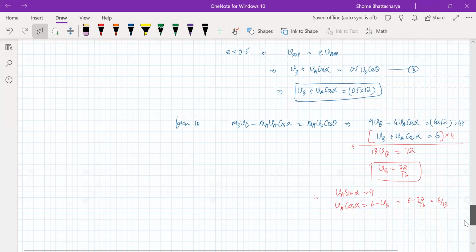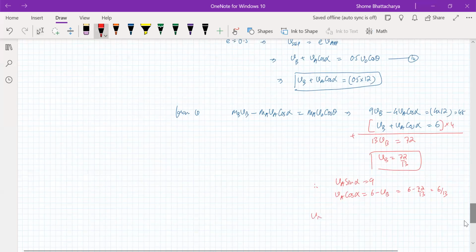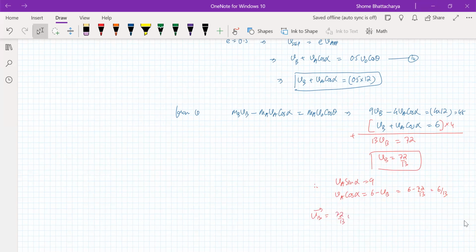So now we know the vectors. VB as a vector is 72 by 13 i cap, and VA as a vector will become minus 6 by 13 i cap plus 9 j cap. These are the final velocity vectors.